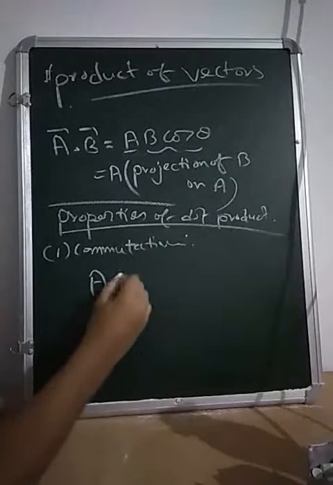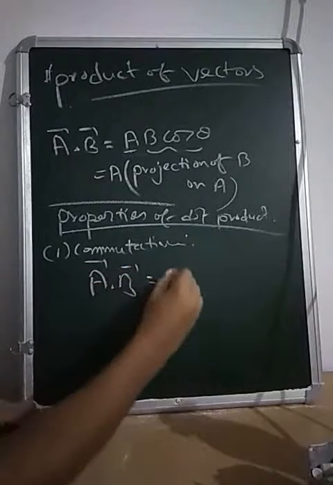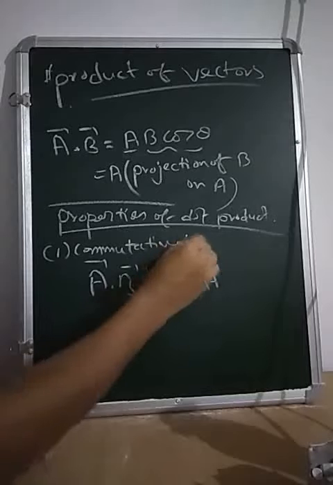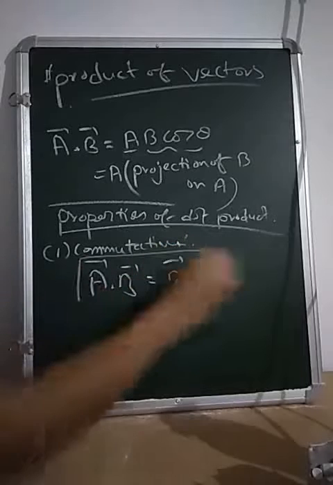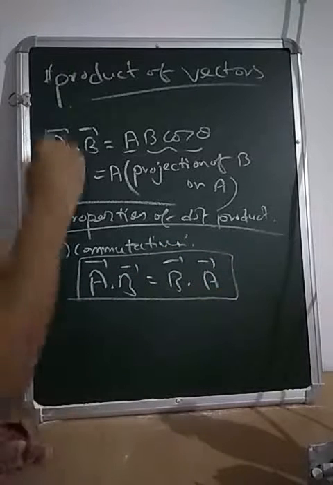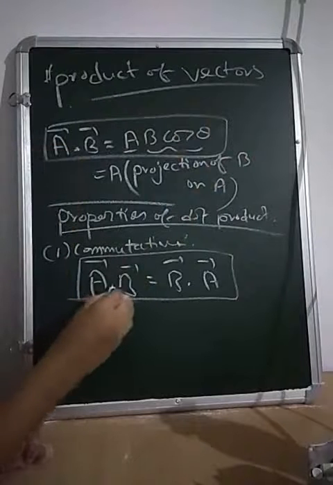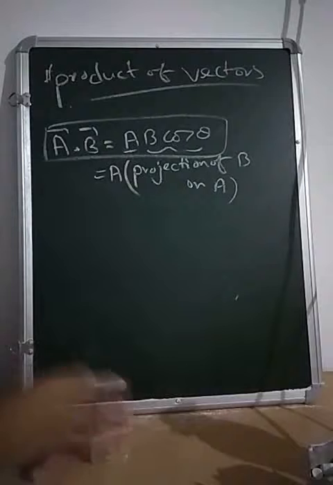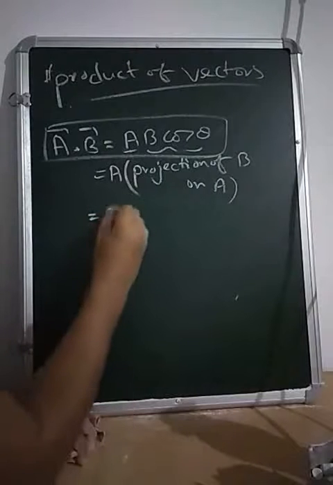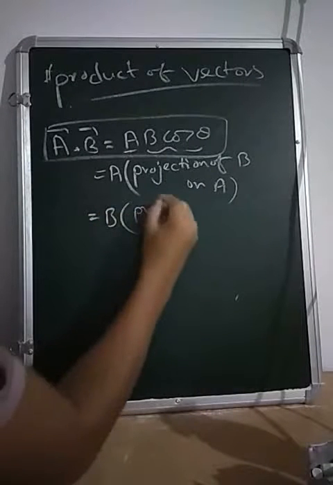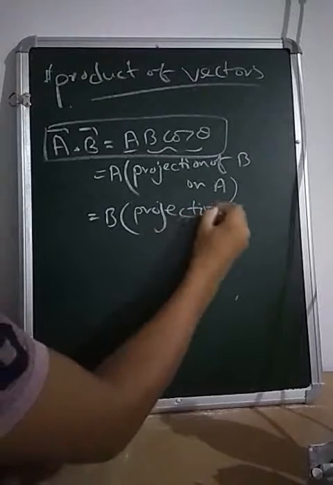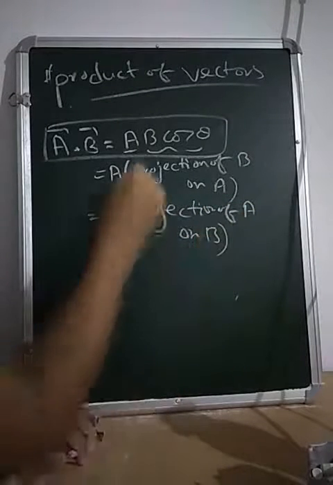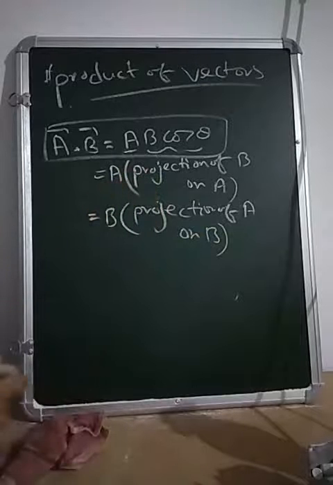A dot B, you can write as B dot A. It follows the commutative law. You can also write this as B into the projection of A on B. Both are the same thing and give the same result.